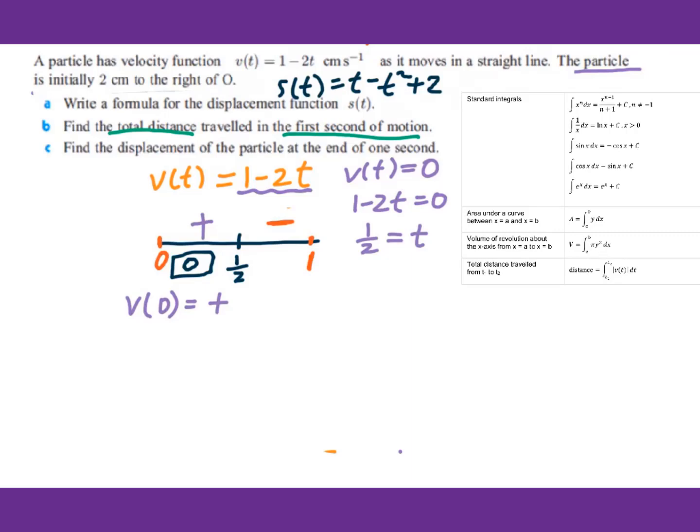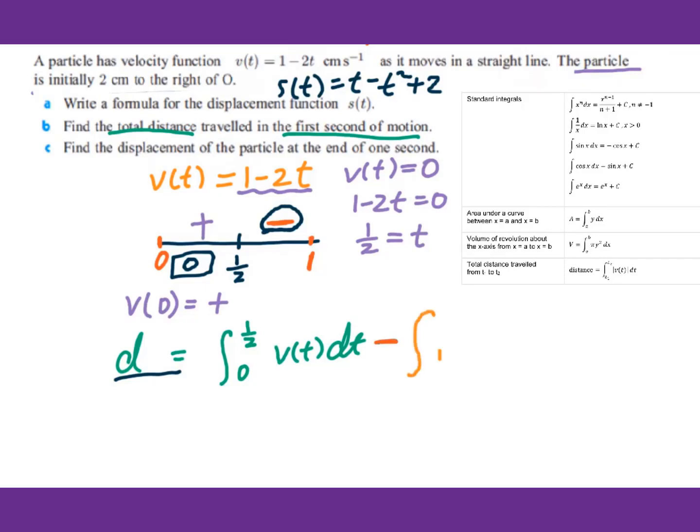Therefore, for the distance, I can write down the integral from 0 to 1/2 of the velocity function dt, then minus. When velocity is negative, that means the displacement will be negative. That's why when you're looking for the distance, you have to do this subtraction.